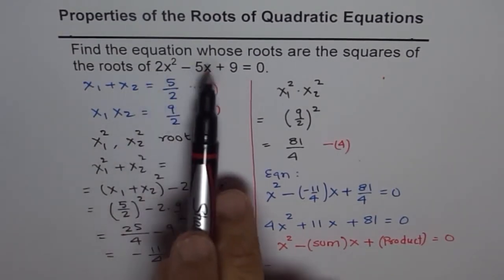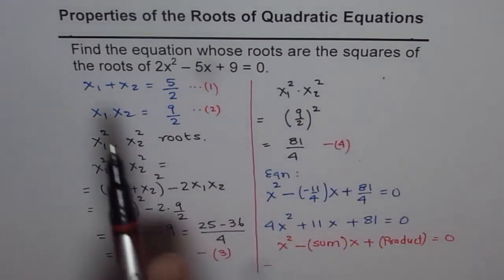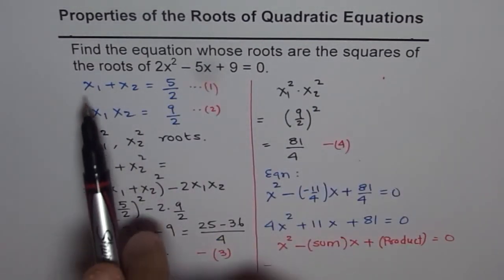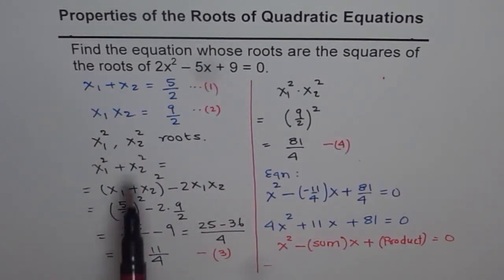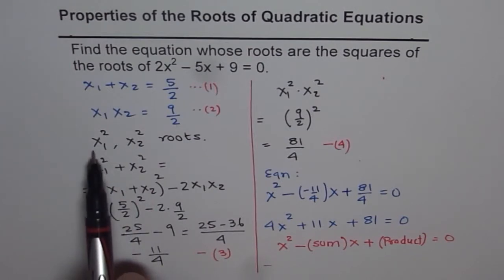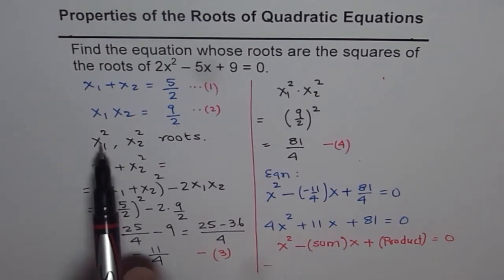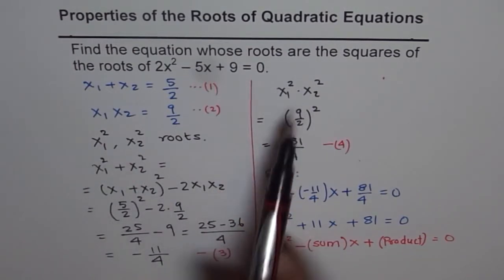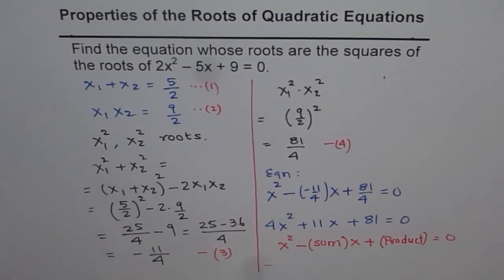Now we had to find an equation whose roots are squares of the given roots. So if the roots are x1 and x2, then the squared roots will be x1 square and x2 square, right? So we need to find the sum of x1 square, x2 square and the product. For the sum, we utilize the formula a plus b whole square is a square plus b square plus 2ab.